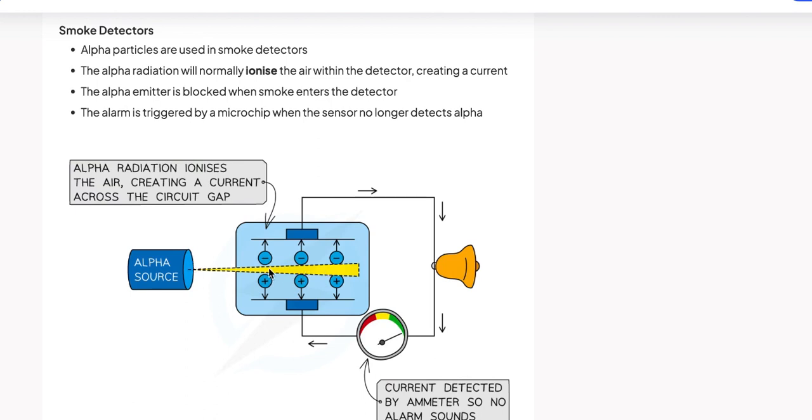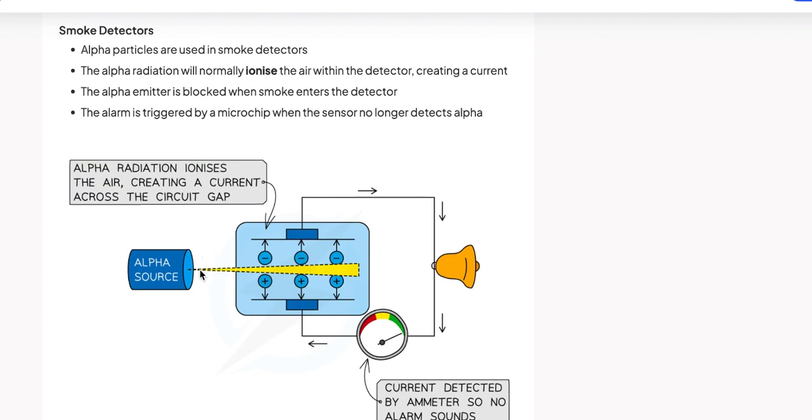Now the alpha emitter is blocked when smoke enters the detector. When by any chance smoke comes here, this source releasing the alpha particles will be blocked.